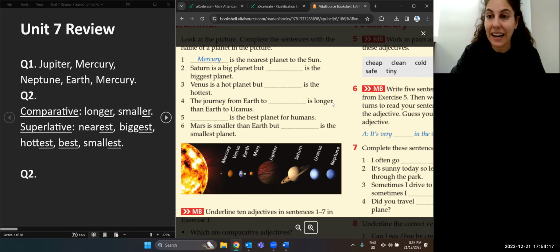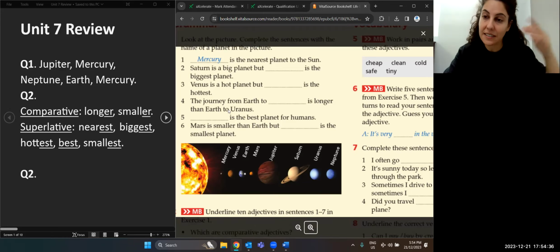So we use the ER, not the EST, because it's not comparing it to many things. It's only comparing this to this. When you have two things you're comparing, you use the ER and then you add than. So the journey from Earth to Neptune is longer than Earth to Uranus. It's comparing two types of distances, the first distance and the second distance.